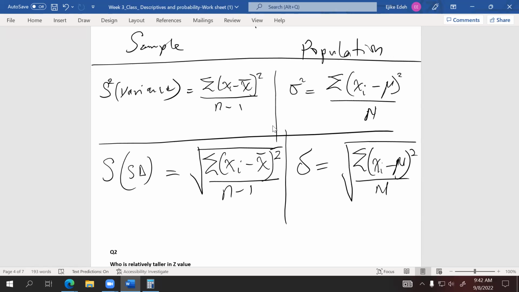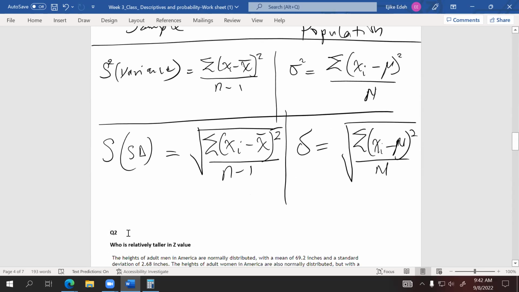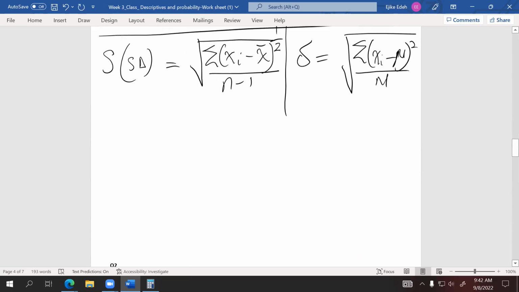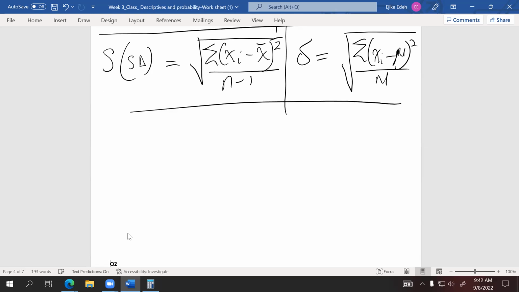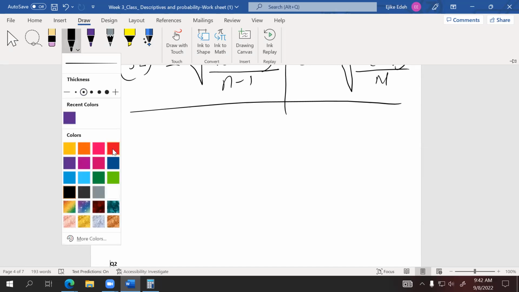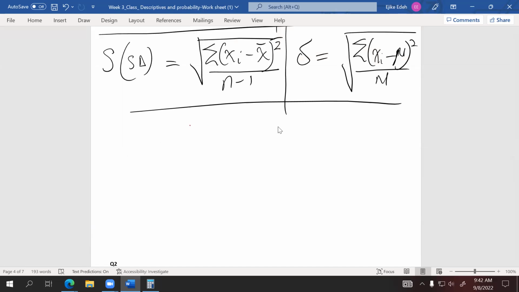All right, so let's take an example on this one. Let's assume I have simple data points like this: 2, 8, 5, and 4.